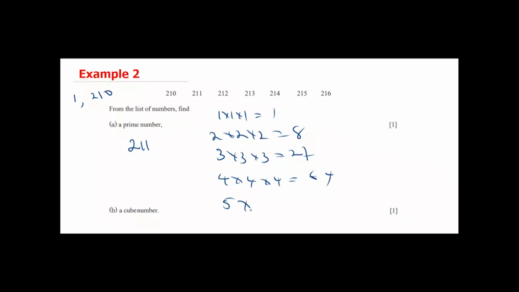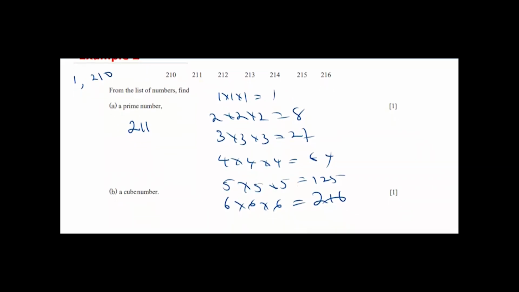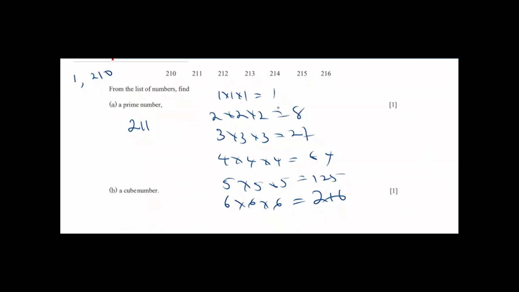Then 5 by 5 by 5, you get 125. Then 6 by 6 by 6, you get 216. So if you check the list here now, you see that only 216 is a cube number there. So we'll pick 216.